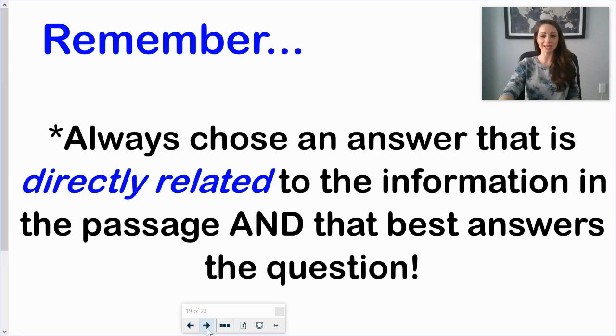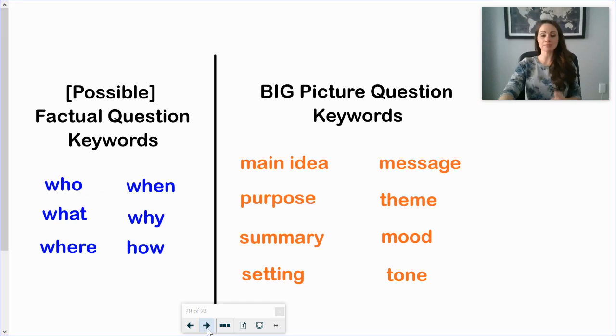Is that supposed to be the right answer? Evaluate your questions, evaluate your answers, make sure you're finding as many clues as possible. Select the answer related to the passage and the answer that best answers the question. Keep that in mind as we move into our independent practice.